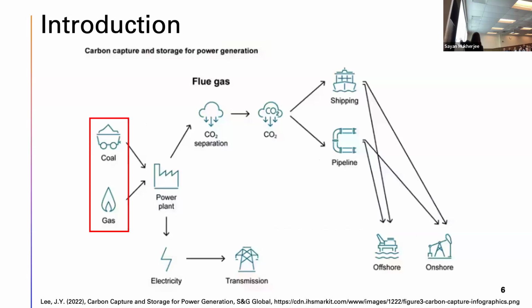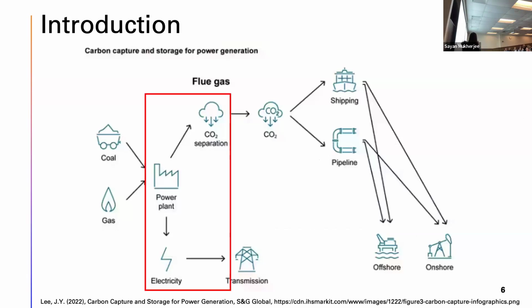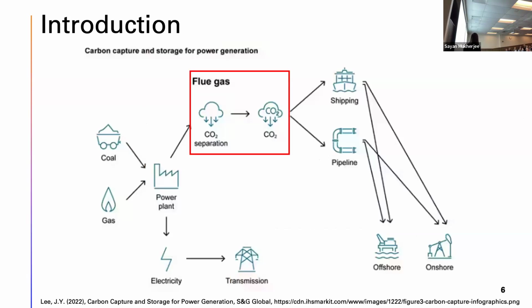Like I mentioned, I'm working with coal plants, but you take different forms of fuel and you put it into the power plant, which in turn produces electricity and also produces carbon dioxide, which, as we know, is bad for our environment. That's why processes like carbon sequestration come into place.